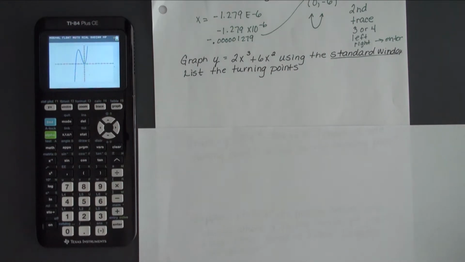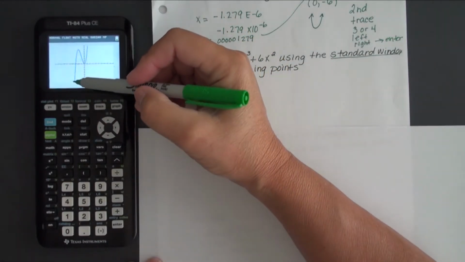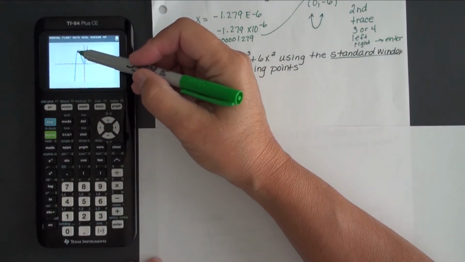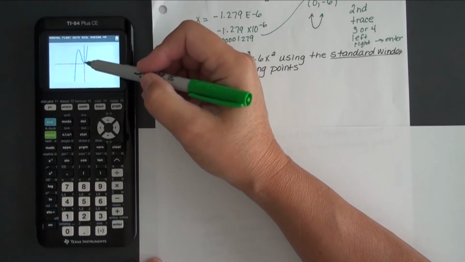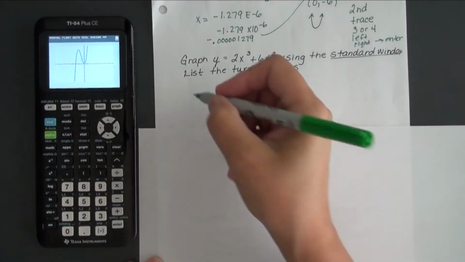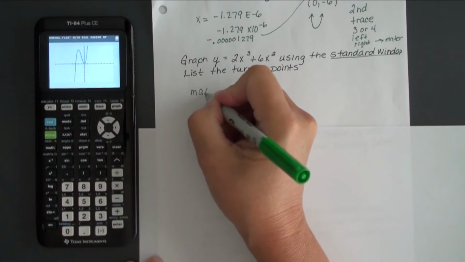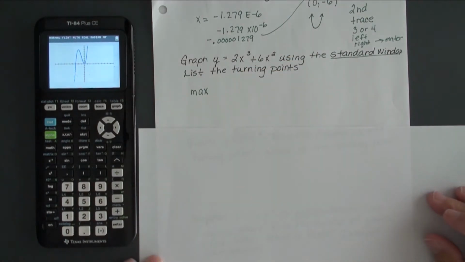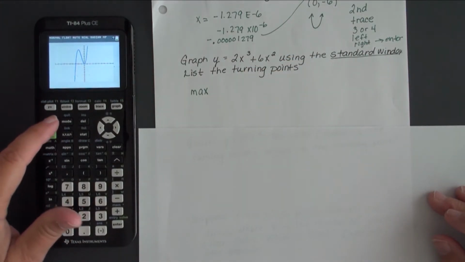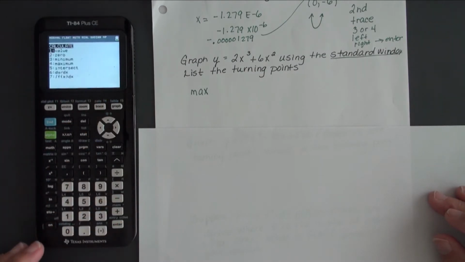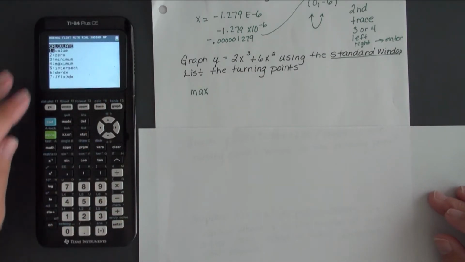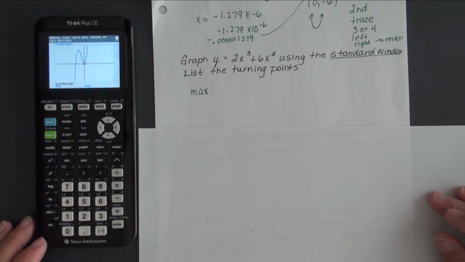Now what you'll notice on this particular graph is that there is more than one turning point. There is a maximum and there is a minimum. So let's find the maximum first using our calculator. Second, trace, and it's maximum, so I'm going to do number 4.